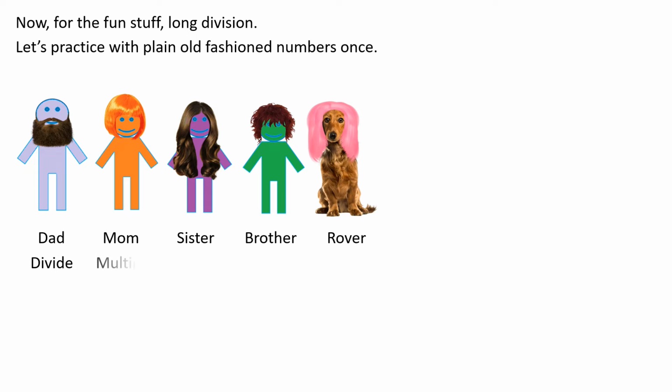Mom reminds me the next step is multiply. Sister reminds me that we have to subtract. Brother reminds me it's time to bring down. Bring it down, bring it down. And then Rover, we do it all over. We repeat. And then when we can no longer repeat, Rover might remind me to look for the remainder.